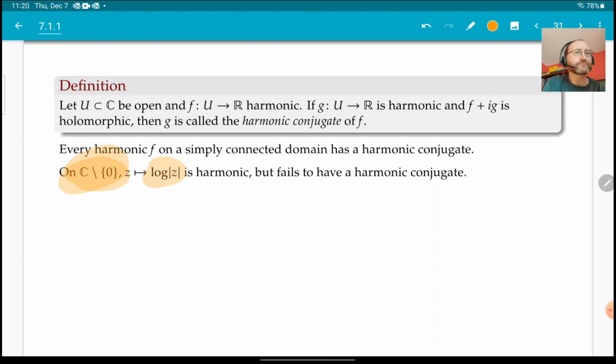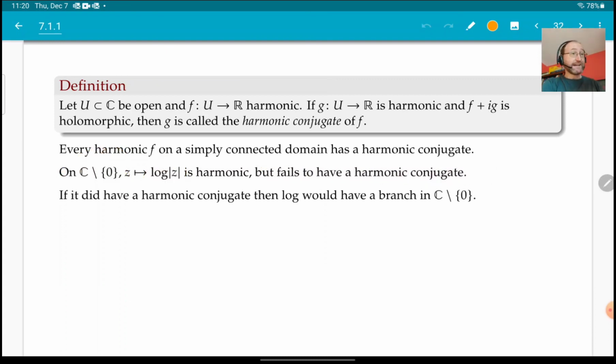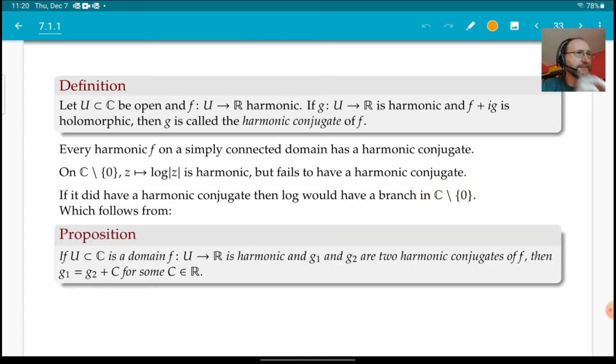So this is harmonic, but there is no harmonic conjugate, because if we did have a harmonic conjugate, then we would get a branch of the logarithm in the punctured plane. Now, it's maybe not completely immediately obvious, so let's give the proposition of why this works.